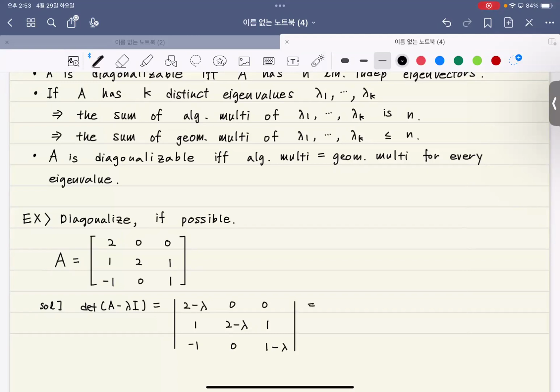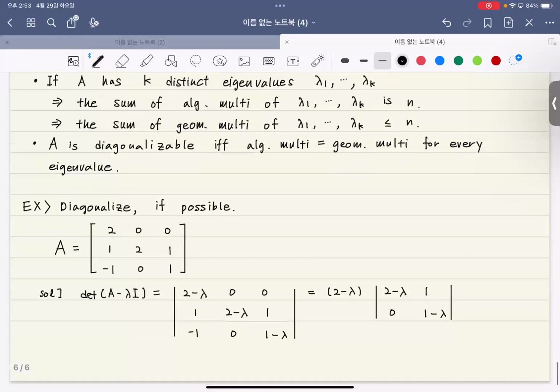By cofactor expansion, this is 2 minus lambda squared times 1 minus lambda.